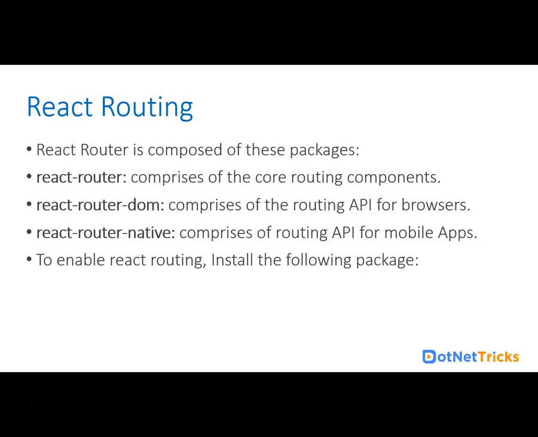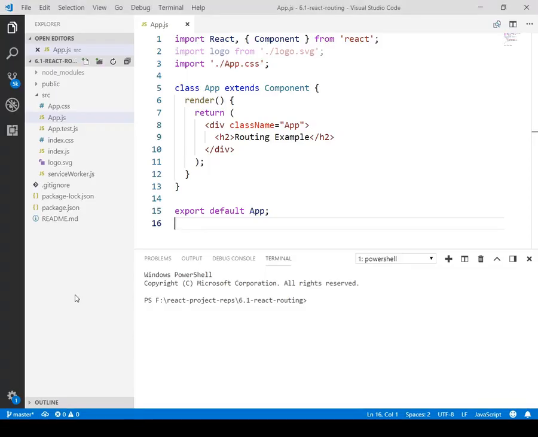To enable React routing, we require this package to be installed in our application using npm. Further, we need to understand how to install this package. I already have this React application where I have this app.js where I'm simply rendering an h2, routing example.